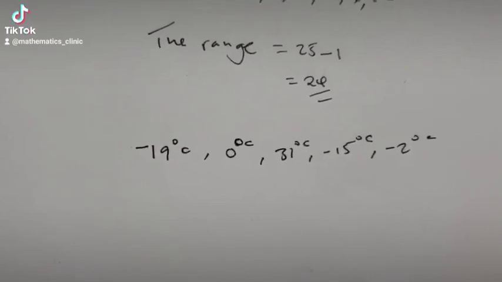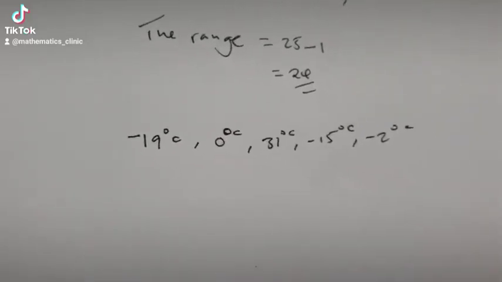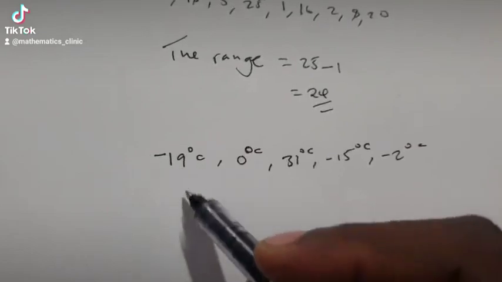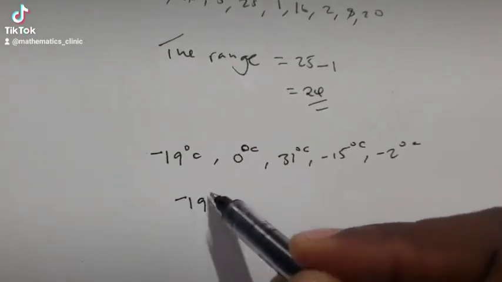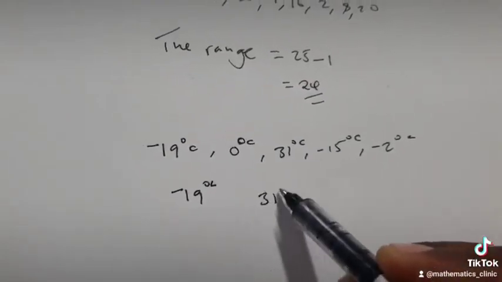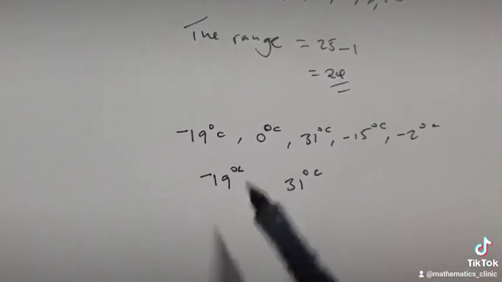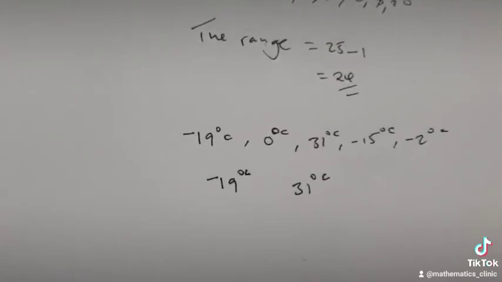With this data, what is our lowest? Our lowest is negative 19 degrees Celsius, and our largest is 31 degrees. So the highest data value is 31 degrees and the lowest is negative 19.